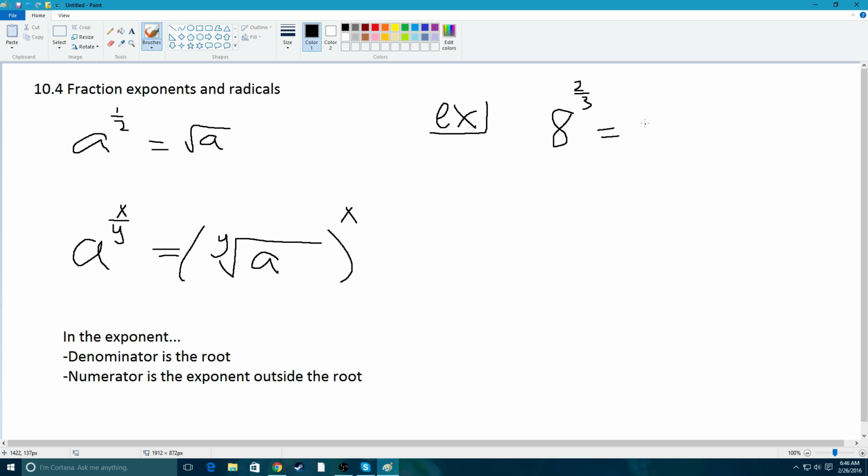So the denominator is the root, so this is the third root of 8. And the numerator is the exponent afterwards. So the cube root of 8 is 2 to the second power. And we get an answer of 4. And it's just like that.